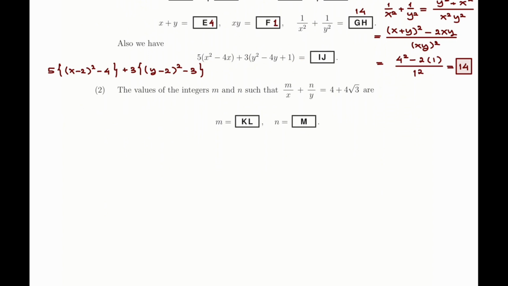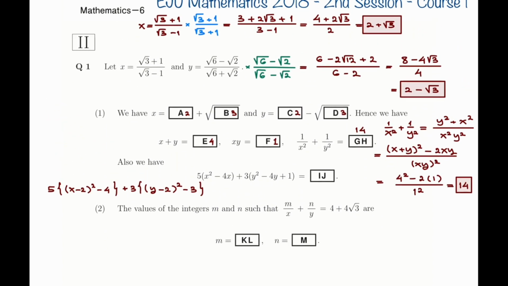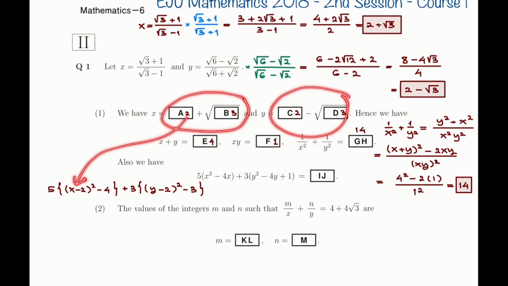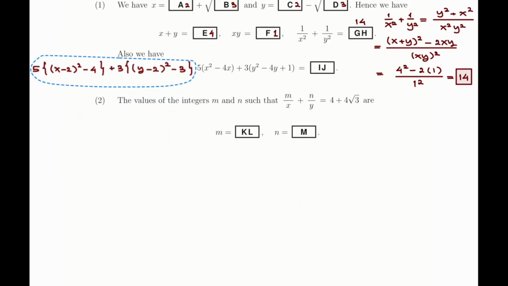And then after I express it in a complete square form, I just substitute x, which is 2 plus square root of 3 here, and then y, which is 2 minus square root of 3 there. As you can see, you can cancel out the 2. That's why I do a little bit of manipulation here, so my calculation is not too complicated.